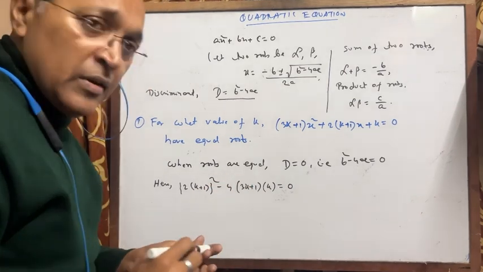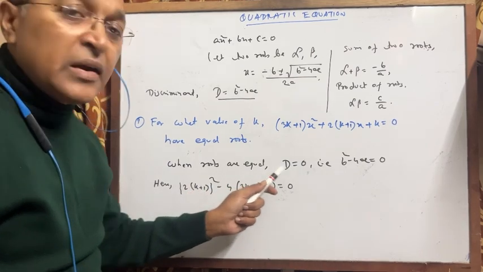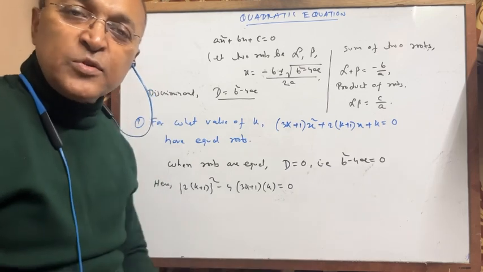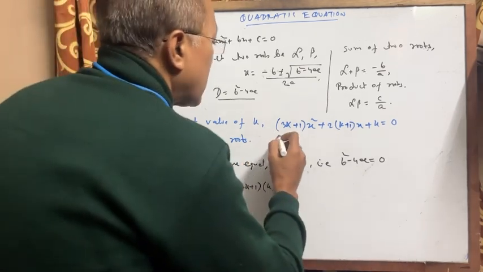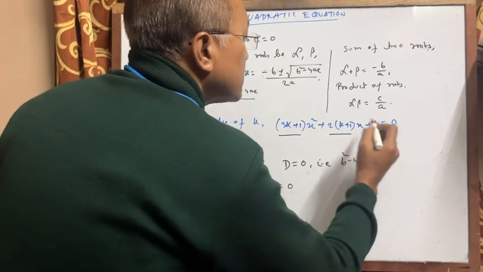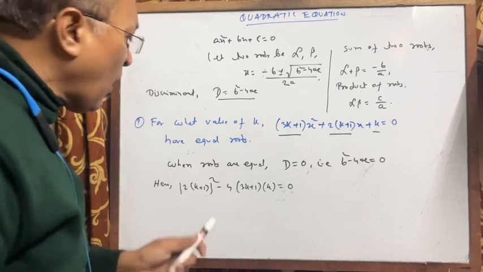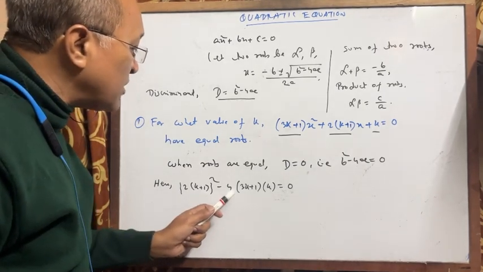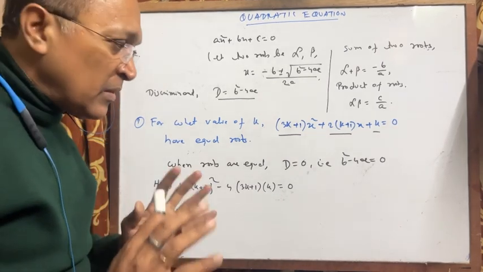When roots are equal, D is equal to 0, that is b square minus 4ac is equal to 0. This one is A, this one is B, and this one is C. Now here it would be 2(k plus 1) whole square minus 4 into (3k plus 1) into k is equal to 0.